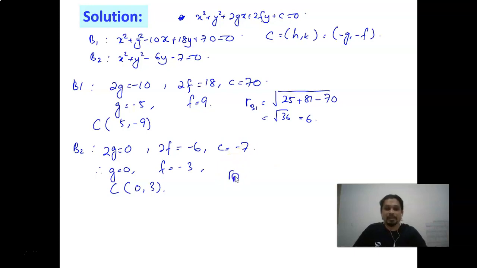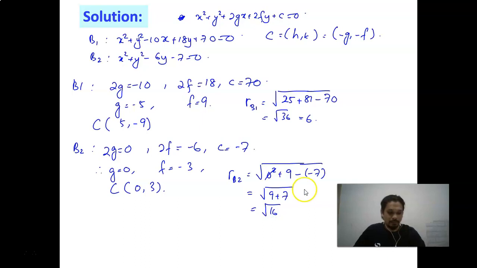And the radius of B2: g squared equal to 0, plus f squared equal to negative 3 squared, equal to 9, minus negative 7. Okay, 0 plus 9, negative becomes positive, square root of 16, which is equal to 4.